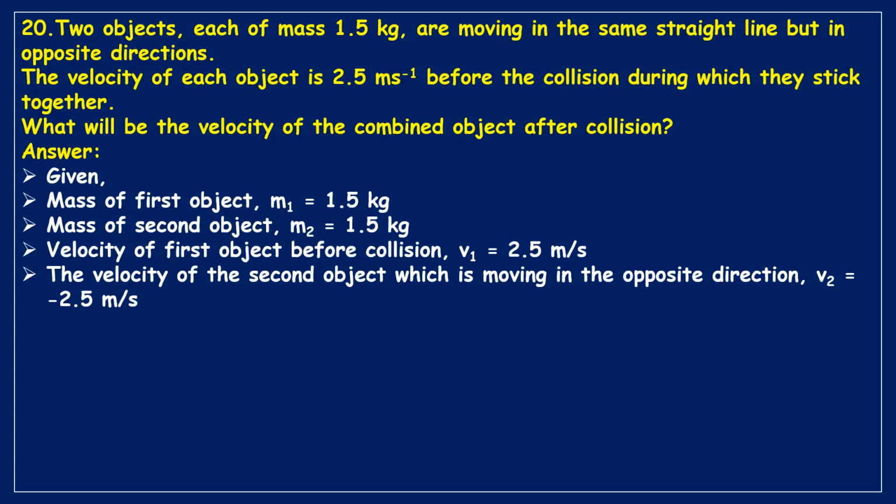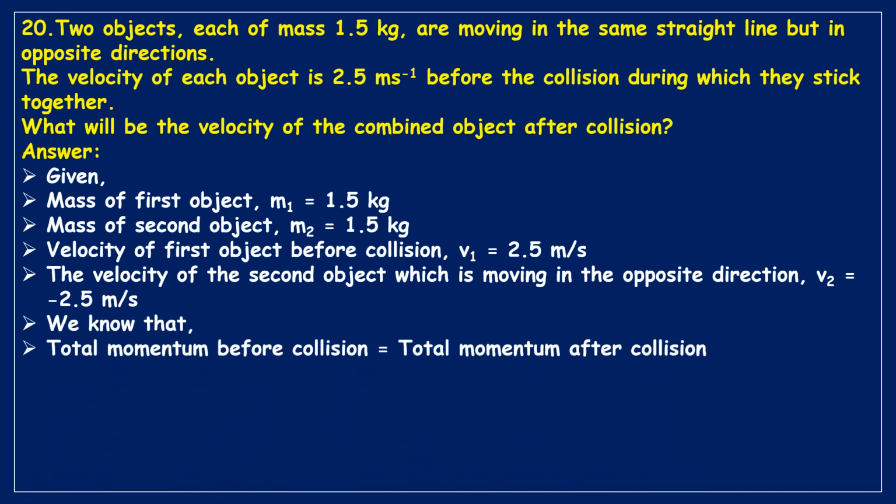We know that the total momentum before collision is equal to the total momentum after collision. So whatever the mass and velocity they move with, the momentum should be equal before and after collision.